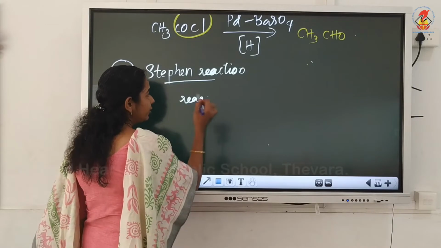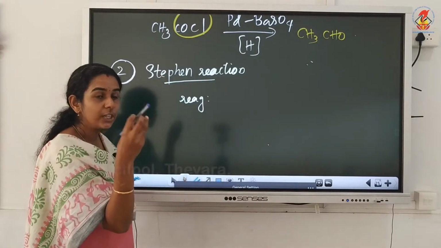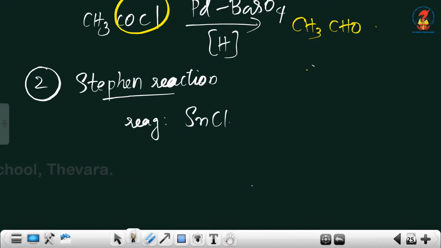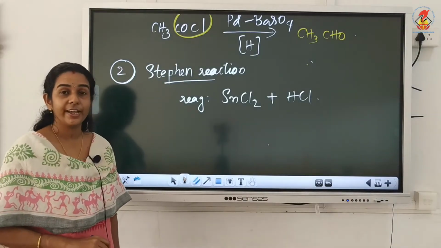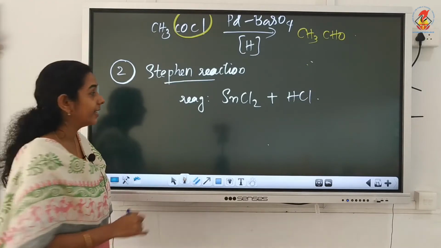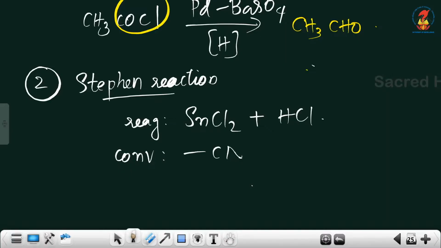So here the reagent is Stephen, from the two terms you can connect Stephen, stannous. So stannous chloride and hydrochloric acid. So the reagent for Stephen reaction is stannous chloride and HCl. And here there is conversion of CN to CHO.